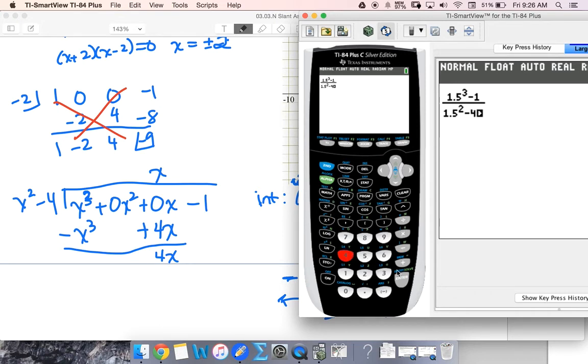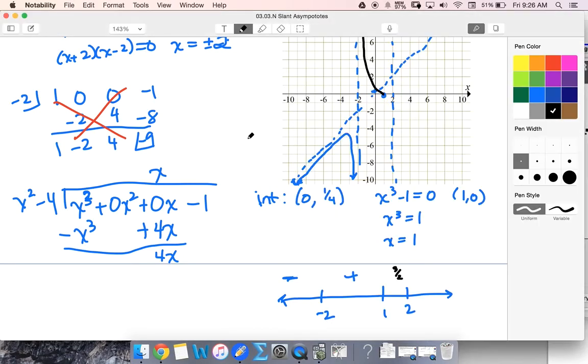And what I care about with my answer is, is it positive or negative? And it's negative. So that tells me in this region, I get negative values, so I must be coming down. And I assume that over here I'm going to get positive values.